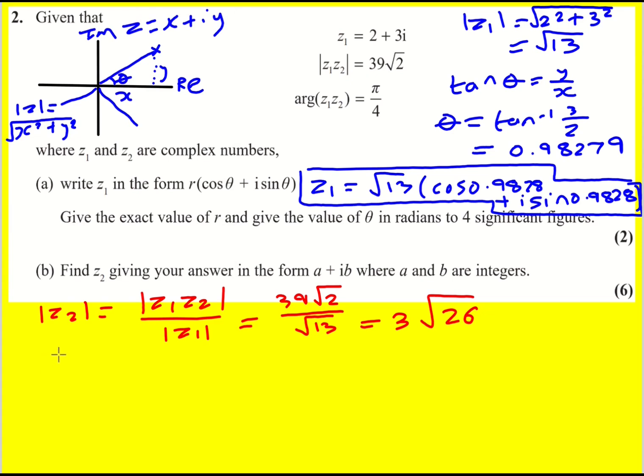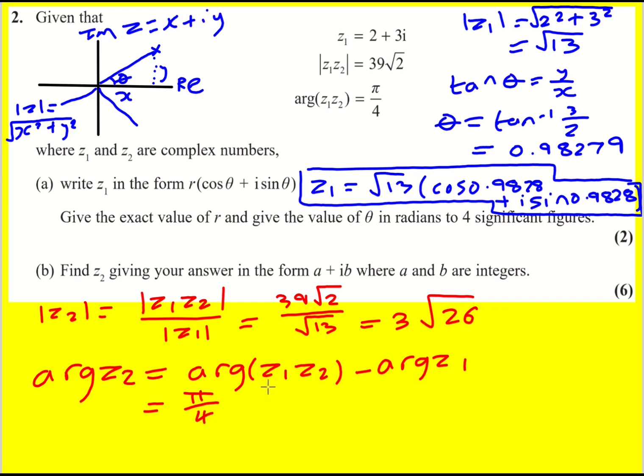And then for the arguments, when you multiply complex numbers together, you actually add the arguments together. You can show that using addition formulae. I'm not going to do that here, but it's just a fact to be aware of. What that means is if I want the argument of z2, I'm going to subtract. It's going to be the argument of z1 z2 minus the argument of z1.